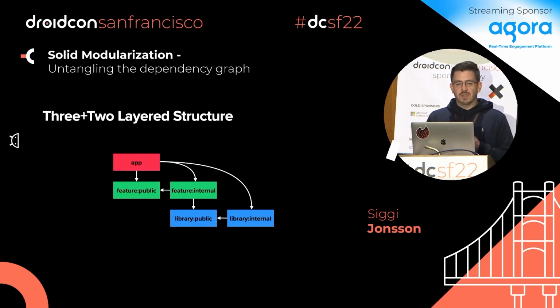While we did want to keep it simple, we decided to include an extra layer. So we got 3 + 2 layers, and we added explicit public and internal modules to both the feature layer and the library layer. We did this both to support our existing dependency inversion practices and to better support the migration from the previous patterns over to this new structure.